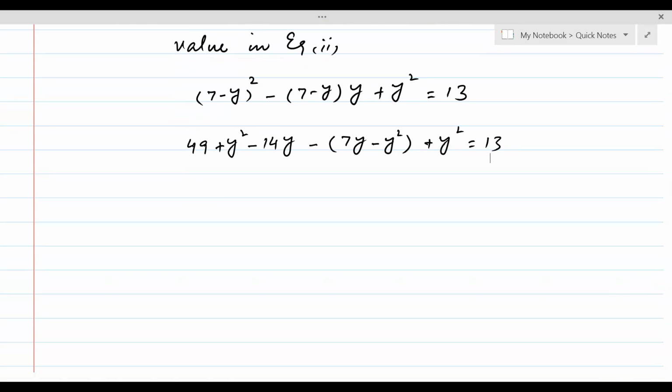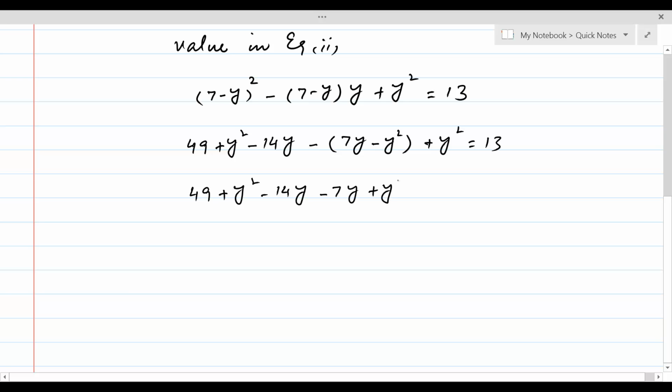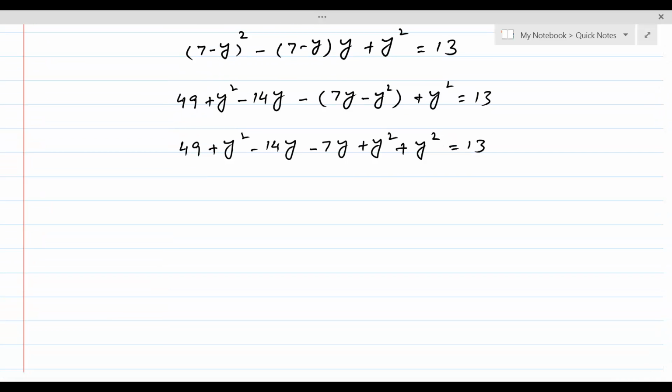And now we can simplify it further. 49 + y² − 14y − 7y + y², because now negative times negative will become plus y², again plus y² equal to 13. So we have expanded to the maximum possible.